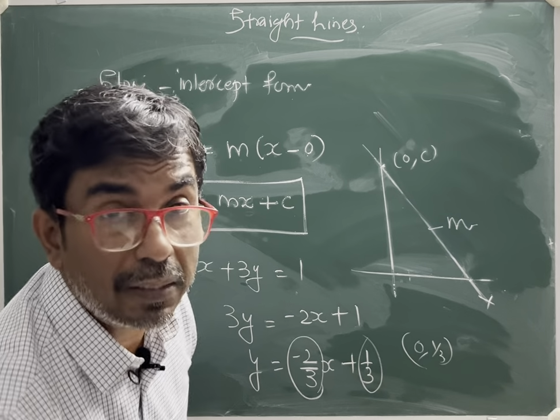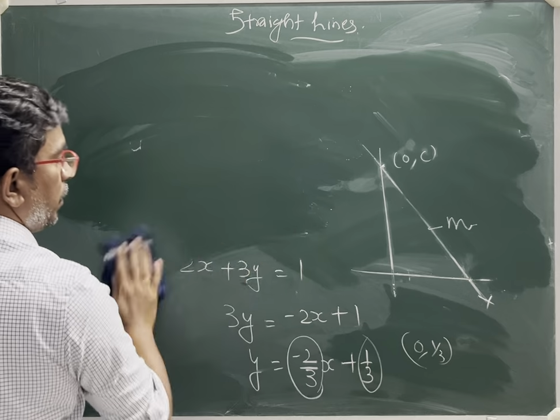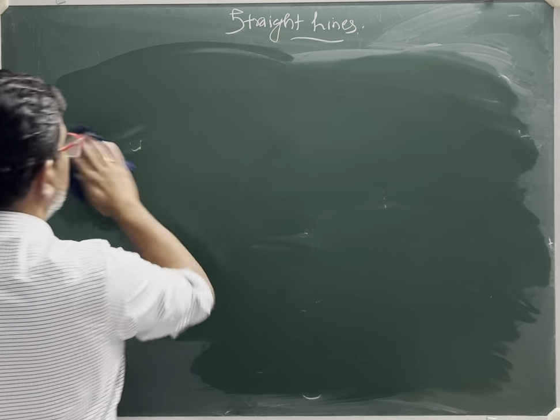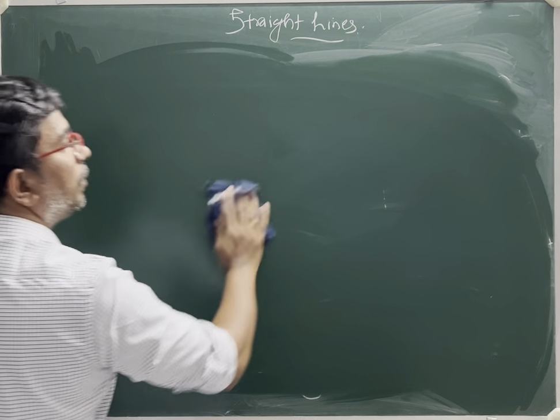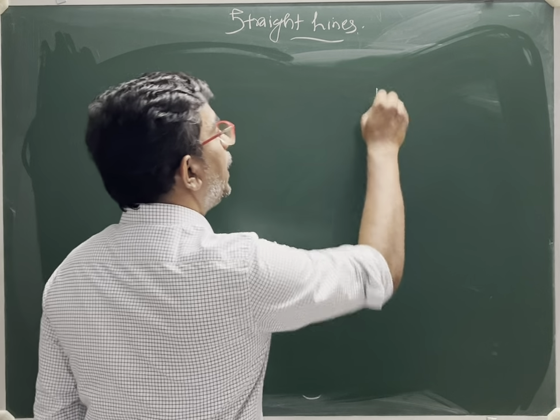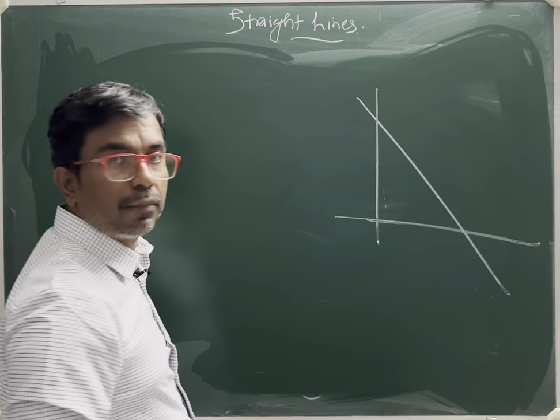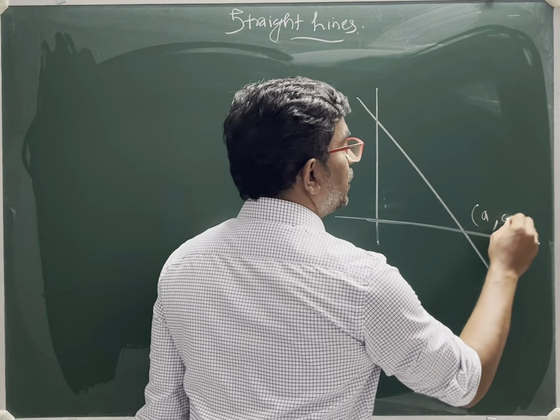I'll tell now purely intercept form. Now I'm going to tell intercept form. So when you take the x-axis and y-axis, I draw a line. Suppose I know the x-intercept, let me take a comma 0.